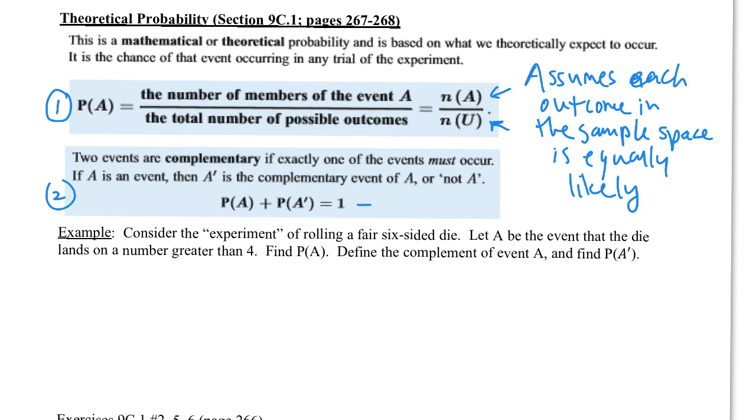Often this complement rule is written as a subtraction rule, where I get the probability that A doesn't happen from 1 minus the probability that A does happen.